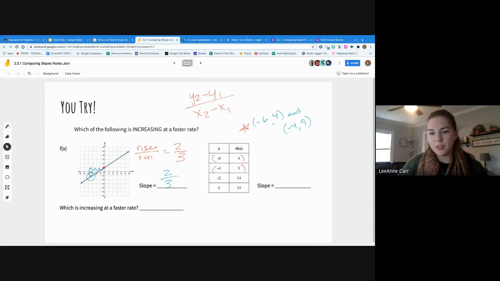Give you about 30 more seconds before I'm calling on somebody. Make sure you're finding the slope between those 2 points.